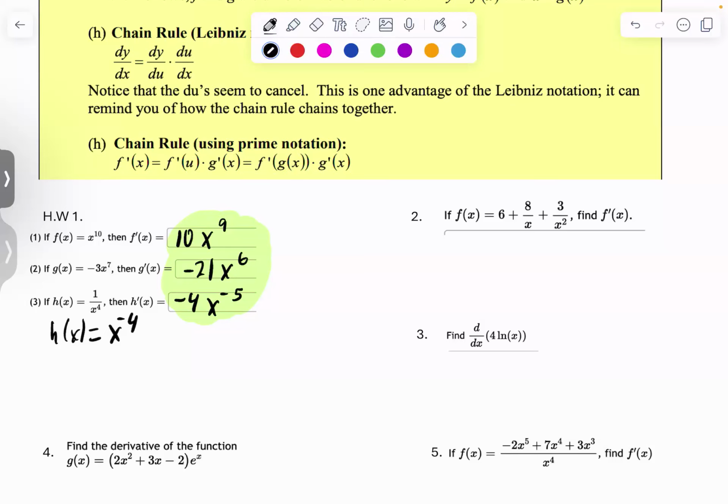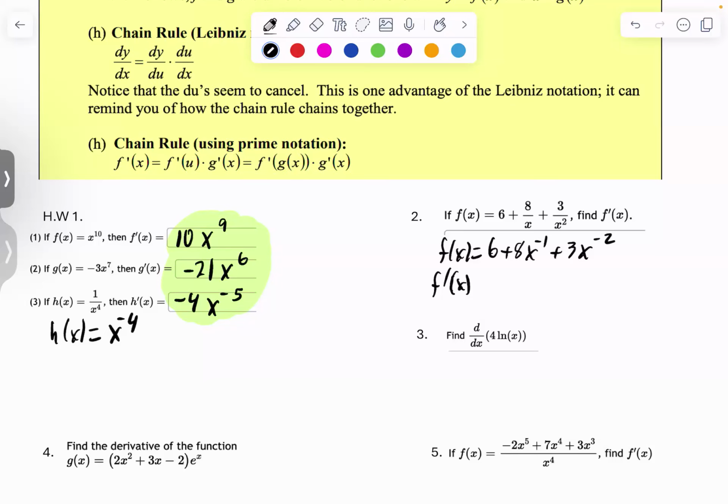All right, for number 2 here, I'm going to rewrite f of x like this. This is 6 plus 8 to the negative 1 power, x to the negative 1 power, plus 3x to the negative 2 power. And I'm still going to use the power rule, pardon me. And remember, the derivative of a constant is 0. So the derivative of 6 is 0.